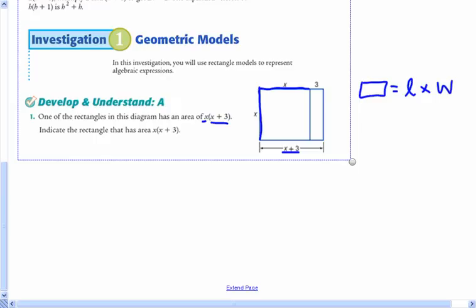All we need to do to show that is that we are multiplying by this total length. So I'm just going to shade that: one great big rectangle here, which includes this added on part. So we're multiplying this length times this width.